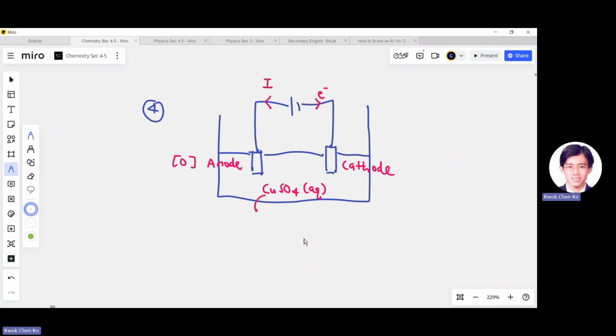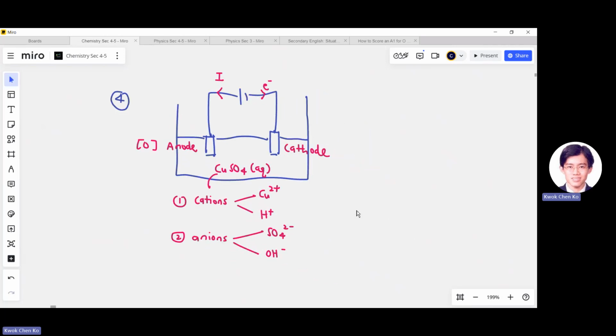Okay, who is going to get discharged? If you need help, compare against what I've written down. Decide who is going to get discharged and what is the reaction.